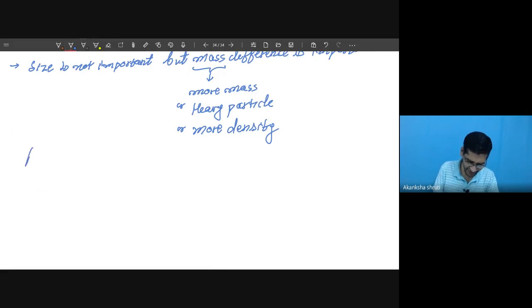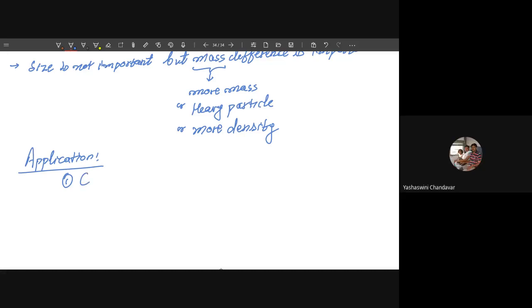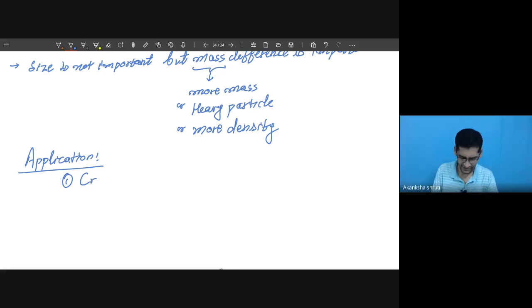Application wise, we have already listed, you have to tell it quickly. Very first is separating the cream from milk.